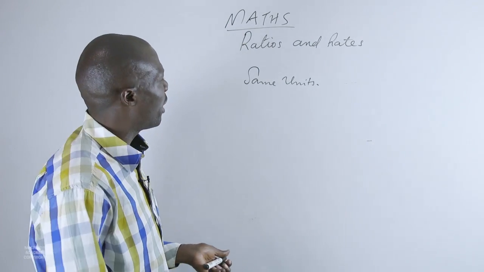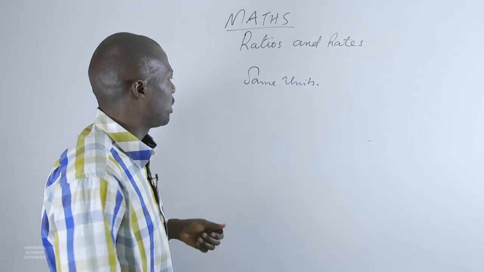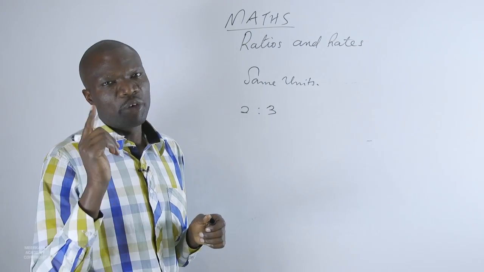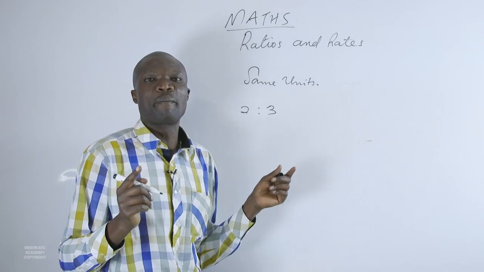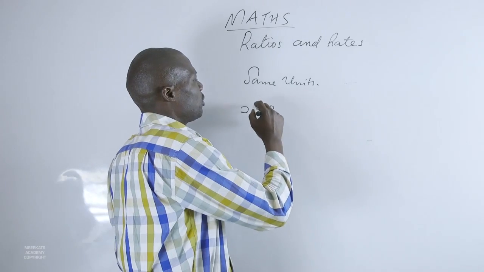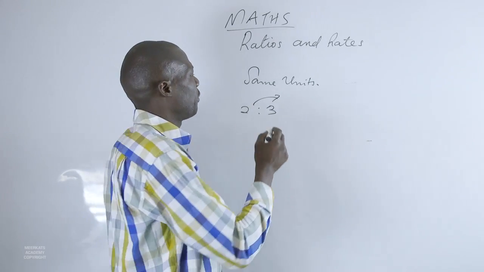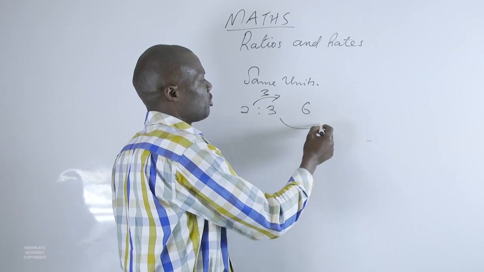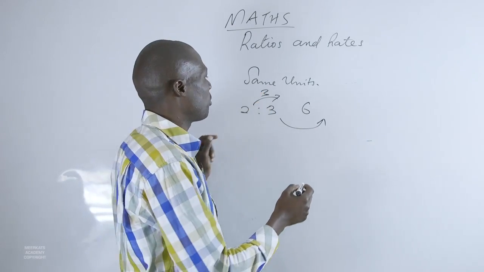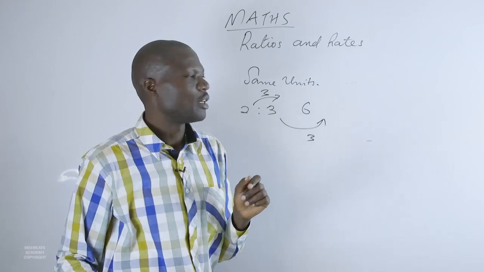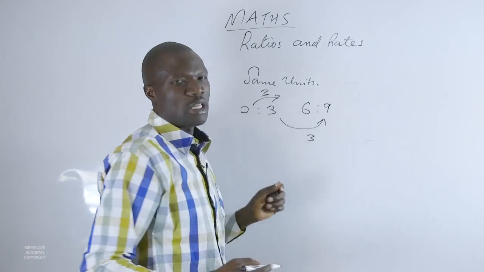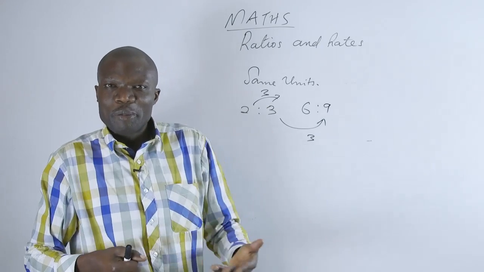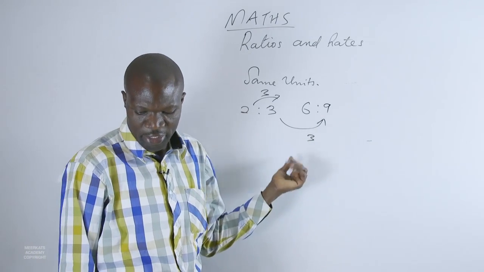Now, if we take a ratio, for example, 2 to 3, and we choose to multiply 2 by 3, which will give us 6, and multiply 3 by the same quantity 3 to give us 9, then we can come up with what we call an equivalent ratio.